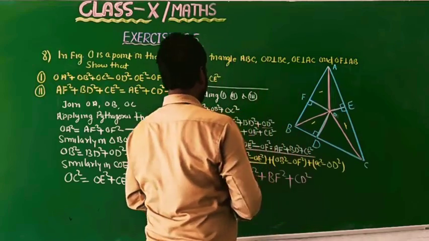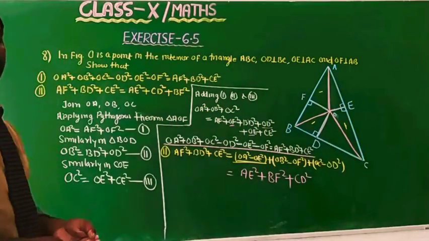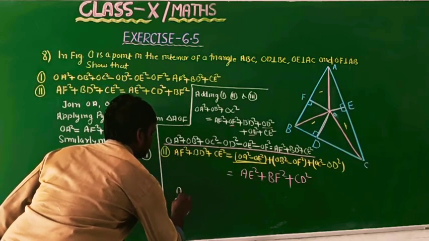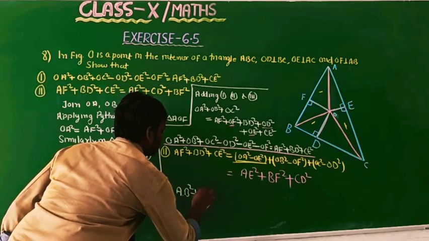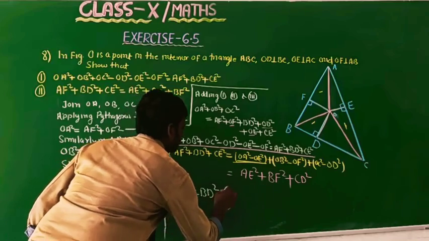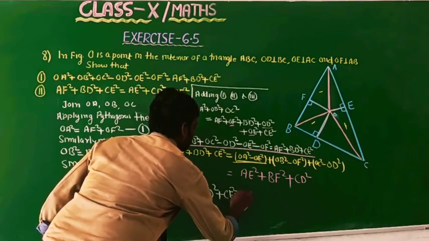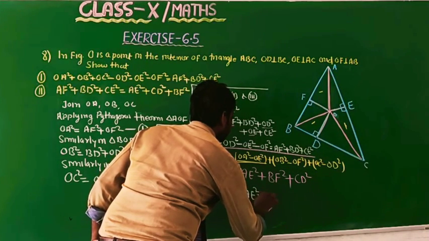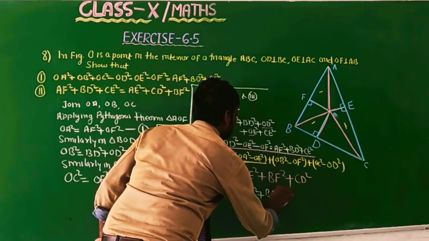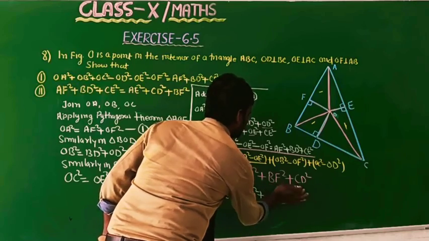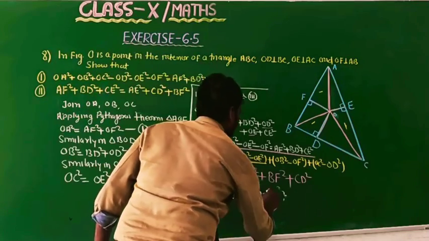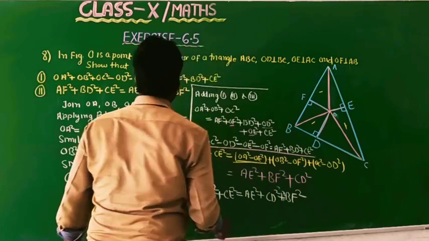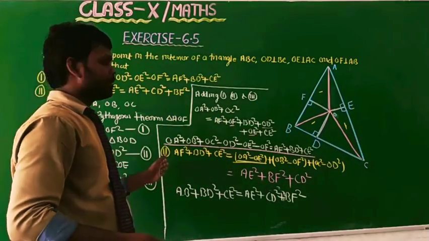So finally here we will get AF square plus BD square plus CE square equal to AE square plus CD square plus BF square. So this is the proof of the second part.